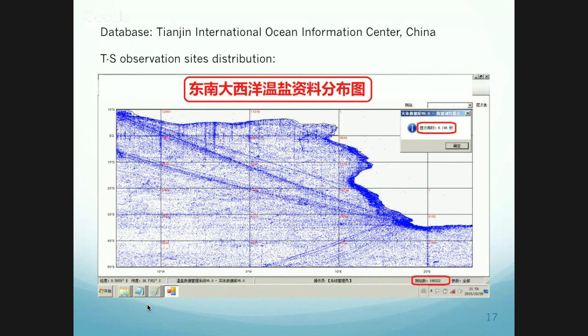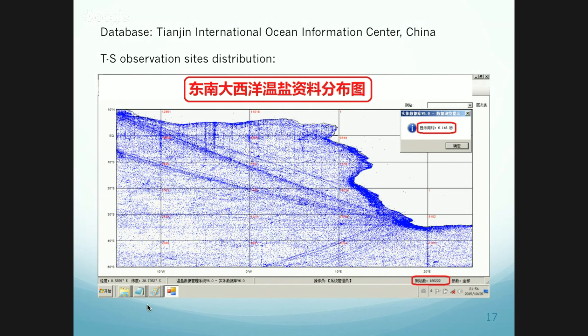But what kind of sites are these? For the temperature and salinity, I think they are CTD. Mainly, like you can see those lines there, these lines are from XBTs used on ships of opportunity.